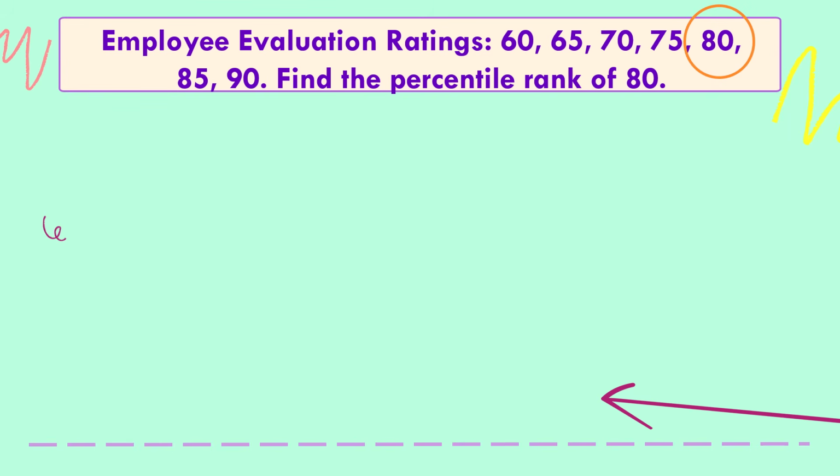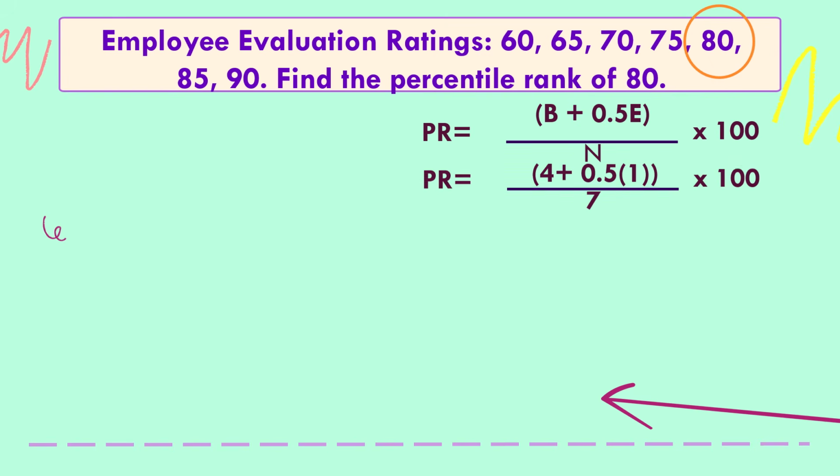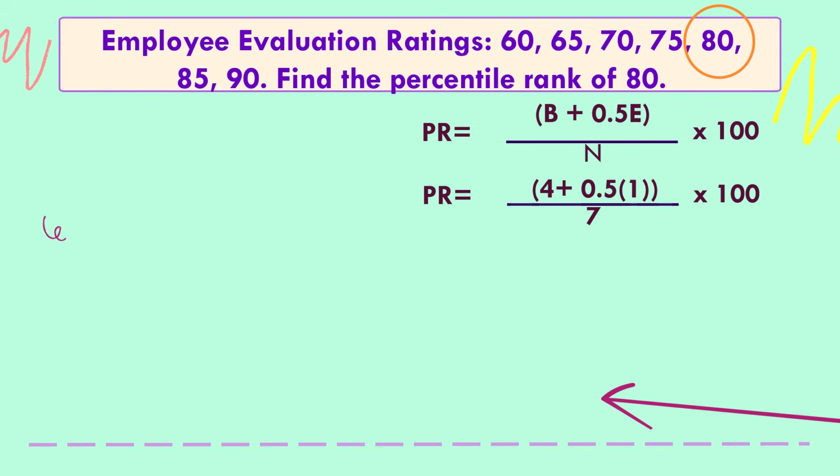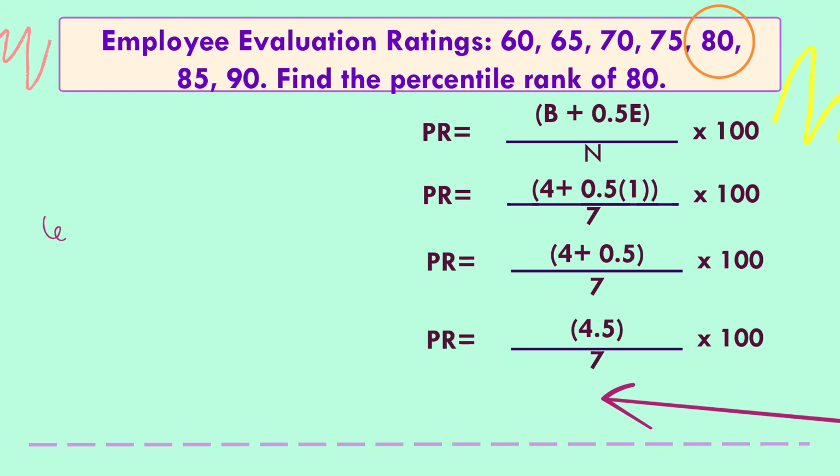So percentile rank is equal to the number before 80, that is 4, plus 0.5 times 1, and then the total number of employees, that is 7, times 100. 0.5 times 1 is 0.5. So 4 plus 0.5 over 7 times 100. 4 plus 0.5 is 4.5. 4.5 divided by 7 times 100.